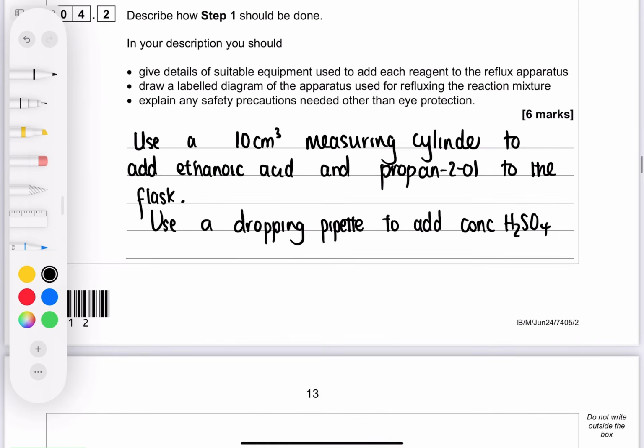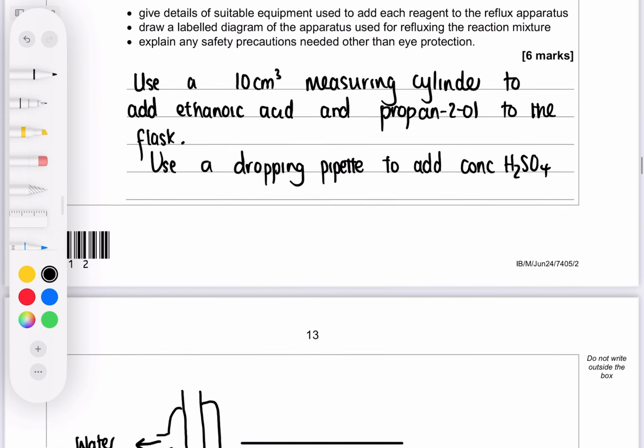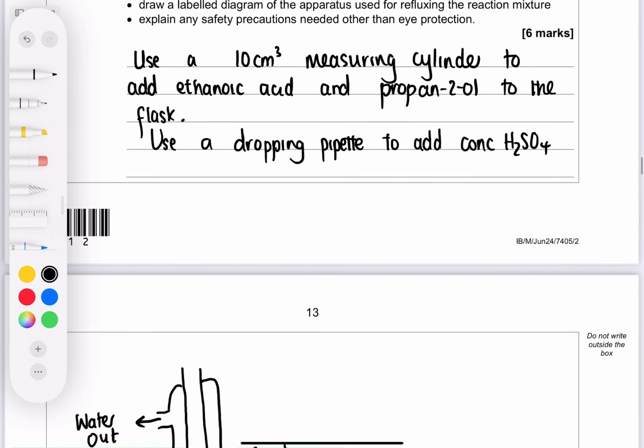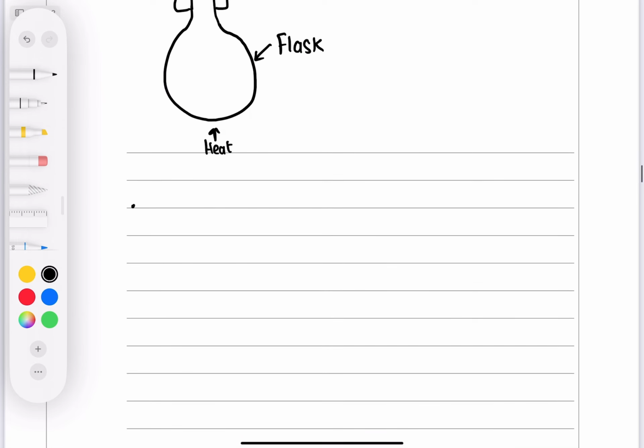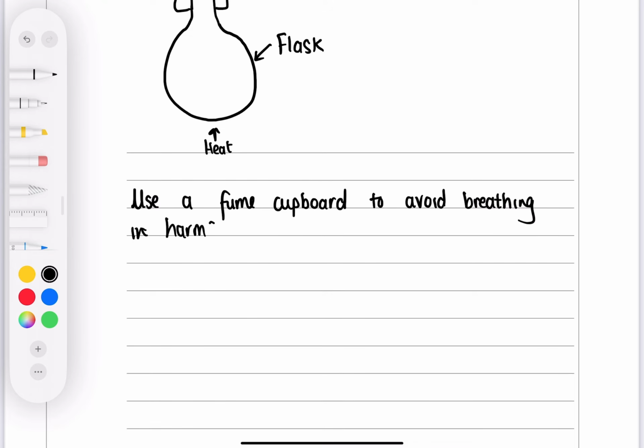The last thing it asked us to do was explain any safety precautions other than eye protection. So we're going to use a fume cupboard to avoid breathing in harmful organics and corrosive H2SO4.